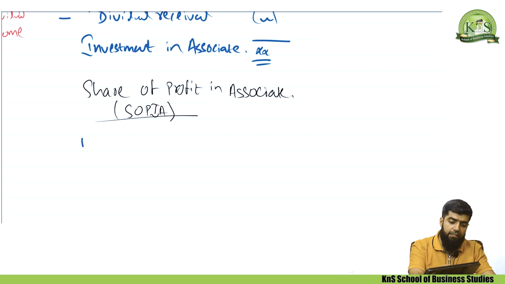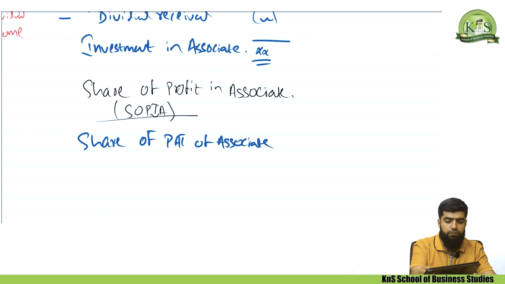First of all, we'll take the share of profit after tax of associate company. Share of, it means if we have an acquisition of 35%, we'll take the 35% of the profit after tax of associate company.